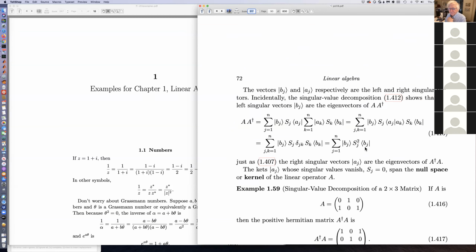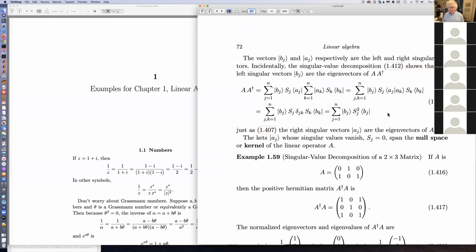And so you can see that the diagonal form of A A dagger is just the special vectors of the range space, the Bj's, and of course also the right singular vectors are the eigenvectors of A dagger A, and they're in the domain space. The kets whose singular values vanish, they are the null space or kernel of the linear operator A.